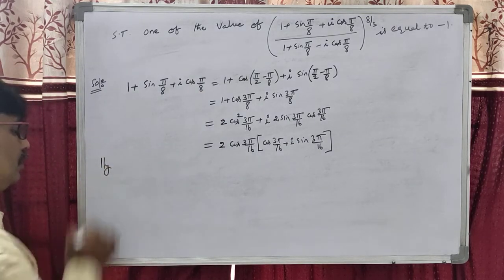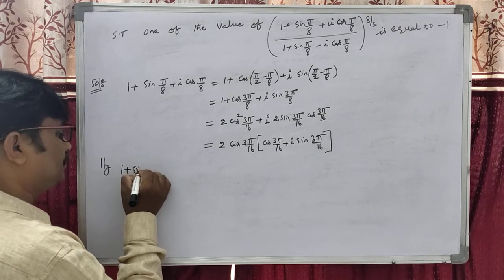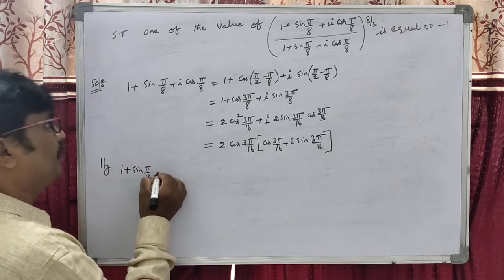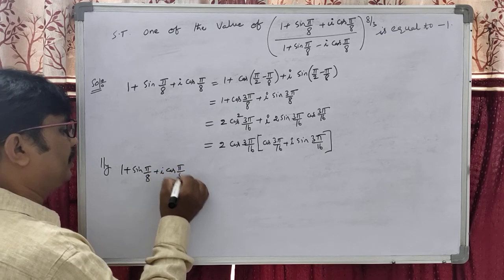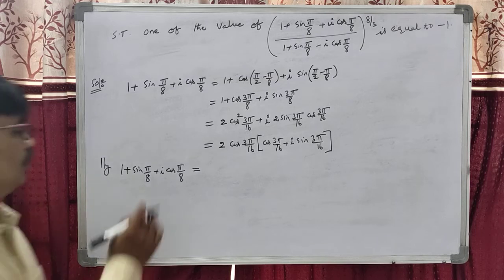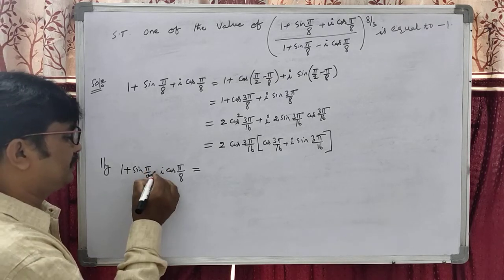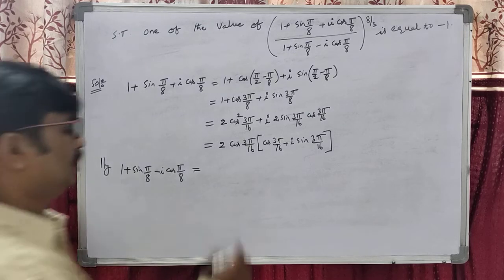Similarly, 1 + sin π/8 + i cos π/8, and similarly we can find the value of 1 + sin π/8 minus i cos π/8. How can you write?